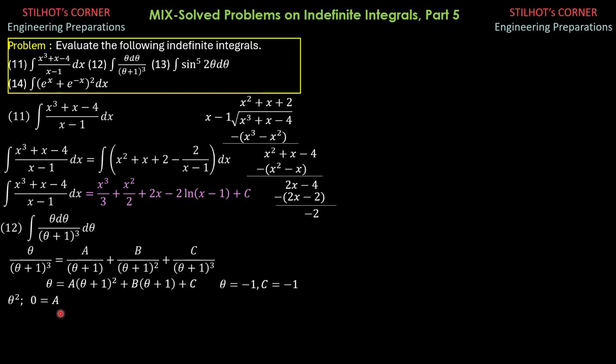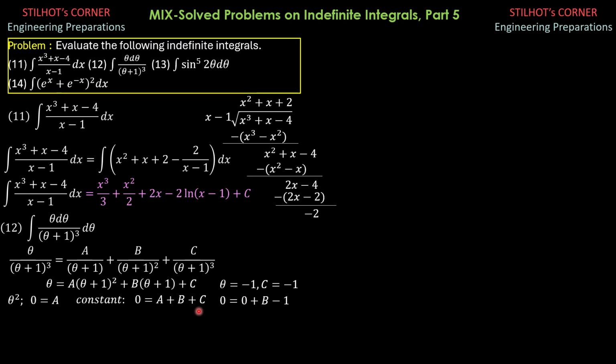Then we equate constant terms. We have 0 in the left side. Then when we expand this, we have A, then we have B times 1, so B, then plus C. A is 0, then C is negative 1. So we obtained B equals negative 1.